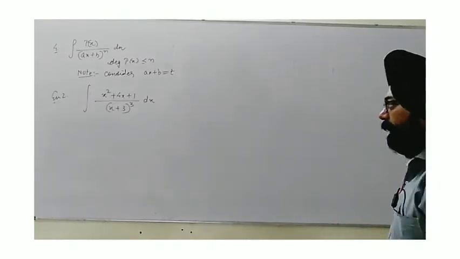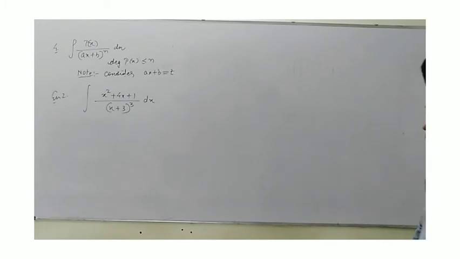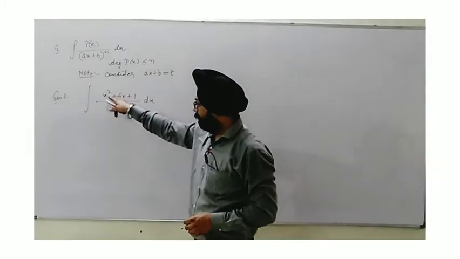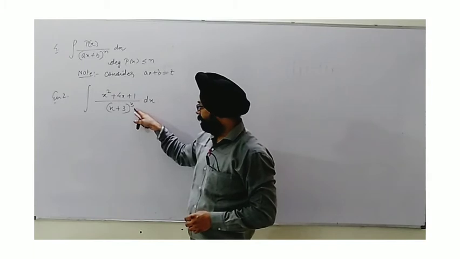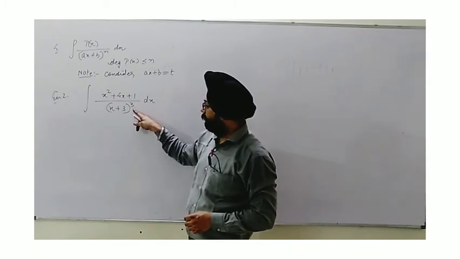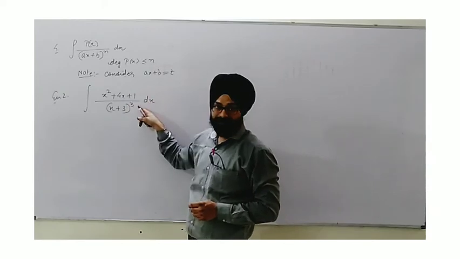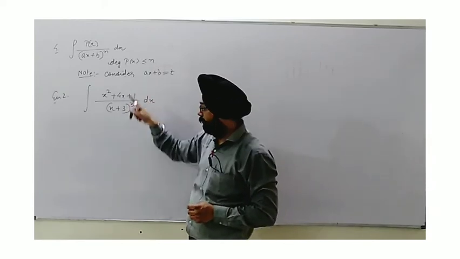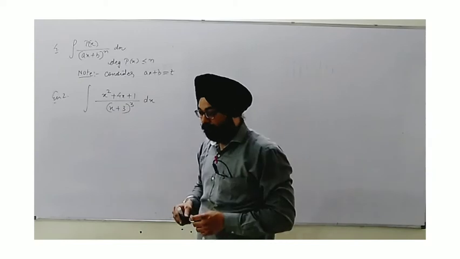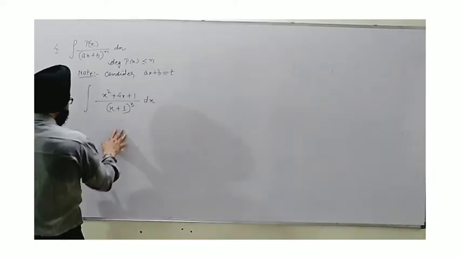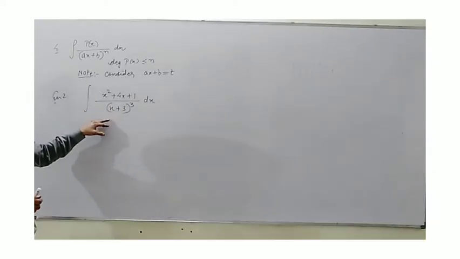Now you can see for the second example of pattern number 4, I have taken the degree of numerator 2, which is smaller than the value of n, the degree of the denominator. As in the condition I said, the first example was about equal degrees. Now we have taken different degrees where the numerator's degree is smaller than the degree of the denominator. In such a case, we do not divide numerator by denominator.